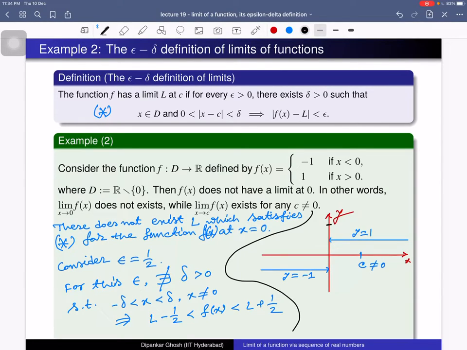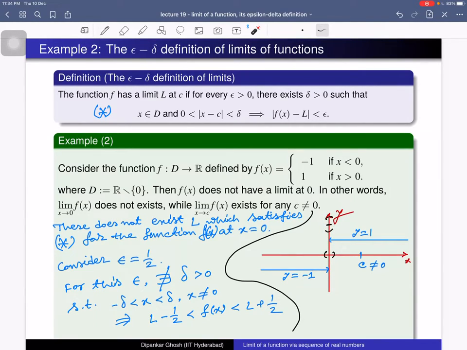If you consider epsilon equal to half, your epsilon neighborhood will be this one. Okay. So we should find a delta neighborhood of 0 such that for all the points in this delta neighborhood, the function value should lie in this range.